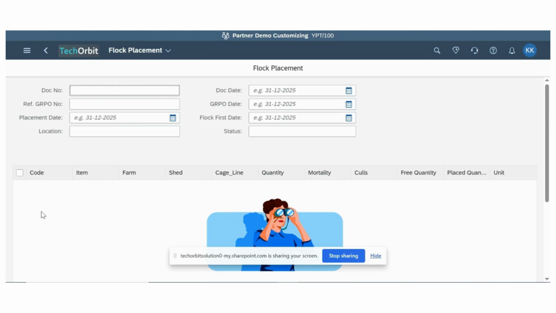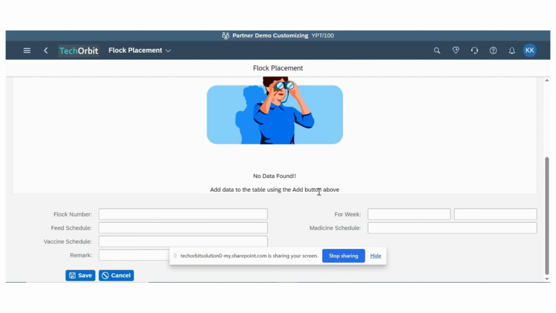We separate out mortality here and book that as a loss while receiving the bird. We generate a day-wise digital flock book here for the daily activity purpose. Also, we link the standard feed schedule, vaccine schedule, and medicine schedule to that particular flock. This will help us generate the feed and medicine requirement during the flock's complete cycle.